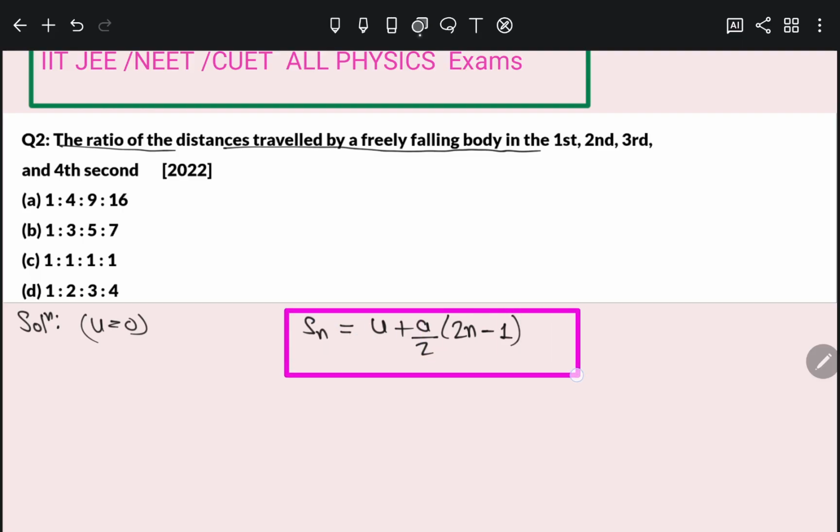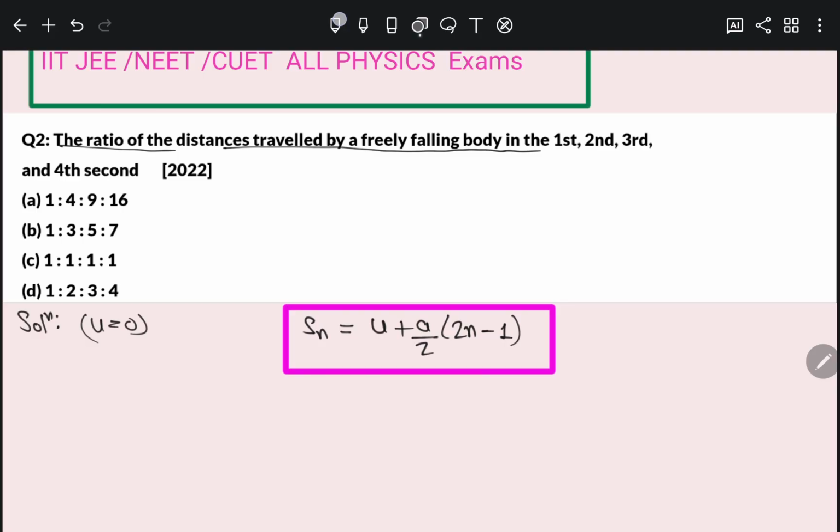You know this formula, so this is easier. Just put n equal to 1 to get the distance in the first second. Initial speed is 0 and acceleration is g, that is plus 10 meter per second square, right?